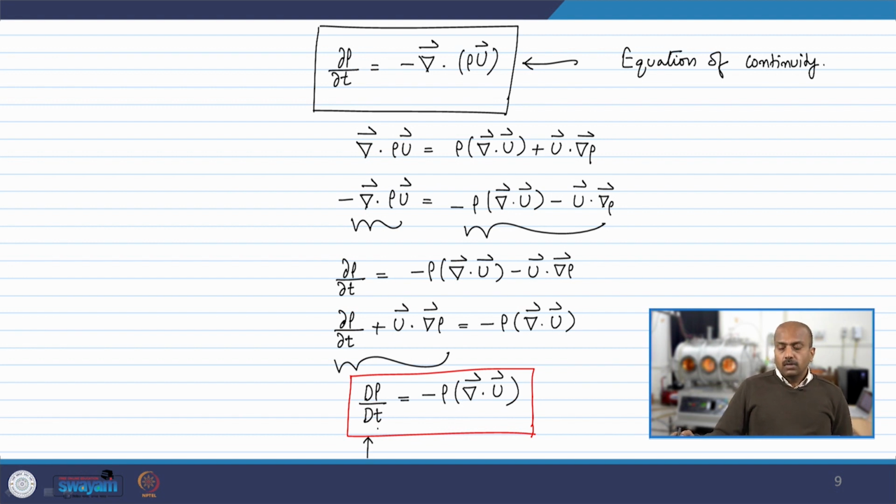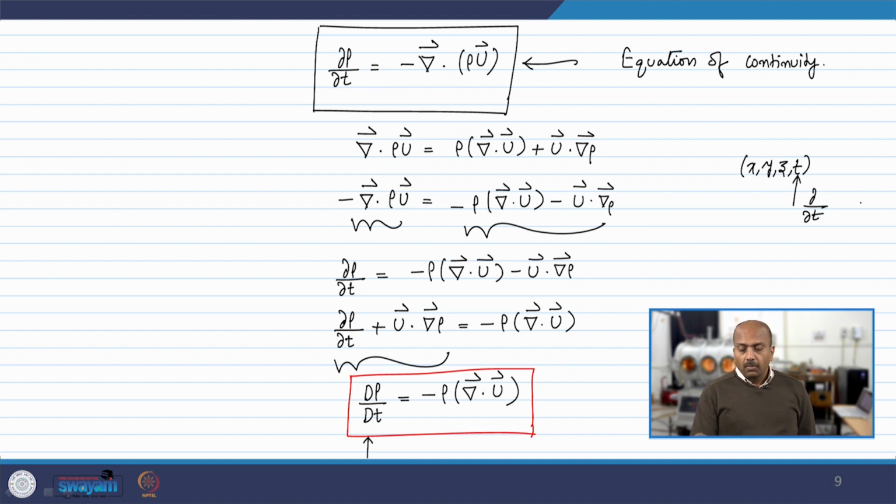Total derivative, as long as your independent coordinates are x, y, z and t, right. These are the independent coordinates. As long as you are trying to measure change with any one of these, you have to think of a partial derivative. But if you are trying to measure change as a function of time and also as this control volume is moved from one set of space coordinates to another, there is a change.